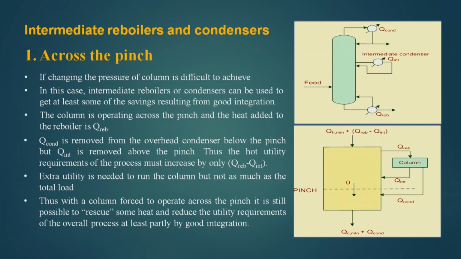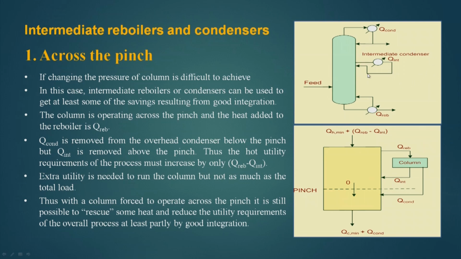Q condenser is removed from the overhead condenser below the pinch, but Q intermediate condenser is removed above the pinch. So, it is taking the heat here, the Q reboiler, and in an intermediate condenser the heat is rejected to the above pinch area through this intermediate condenser.